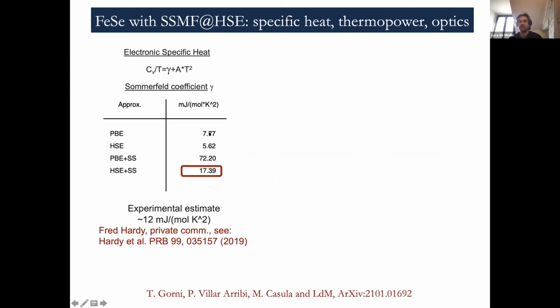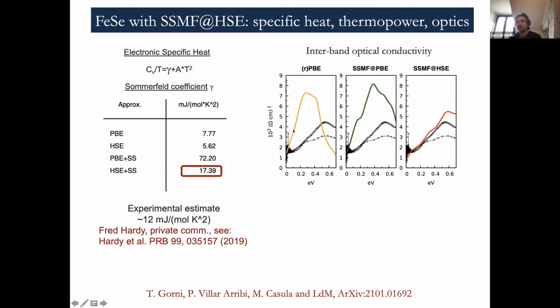DFT alone, of course, gives it too small because you need renormalization, but renormalization on traditional DFT gives a huge value, whereas using the fact that one band has sunk, this takes away density of states at the Fermi level, and indeed HSE, so the hybrid functional plus slave spin, gives a much better agreement with experiment. And then quite surprisingly, also the interband optical conductivity agrees very well with experiments.